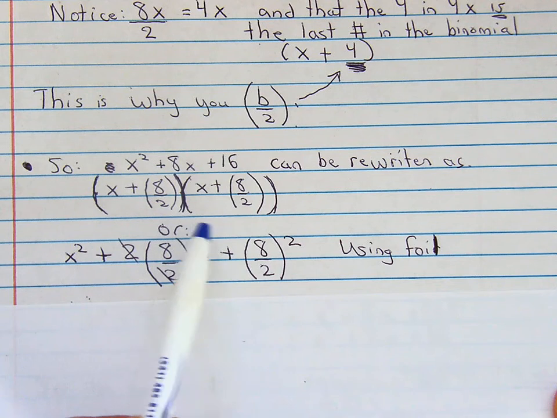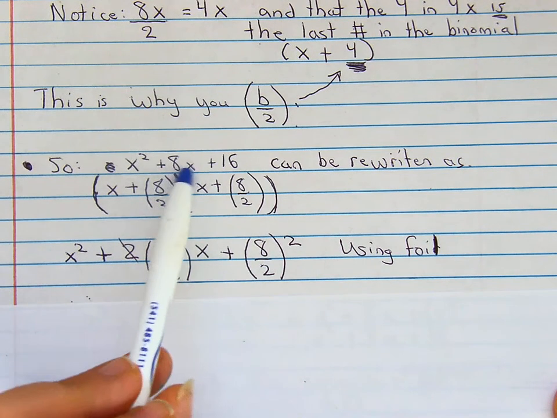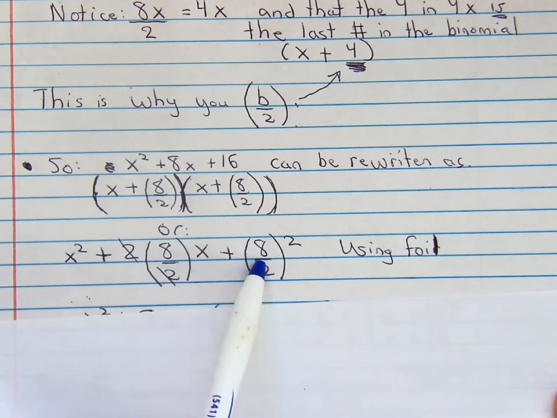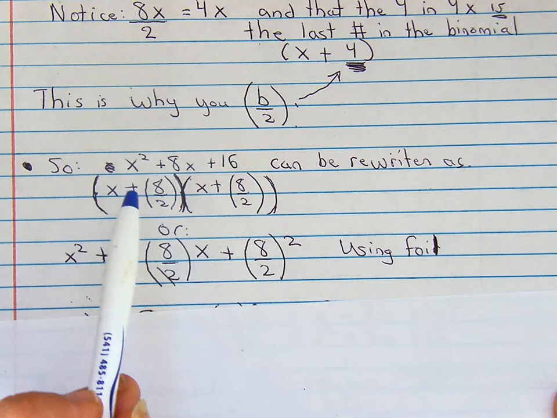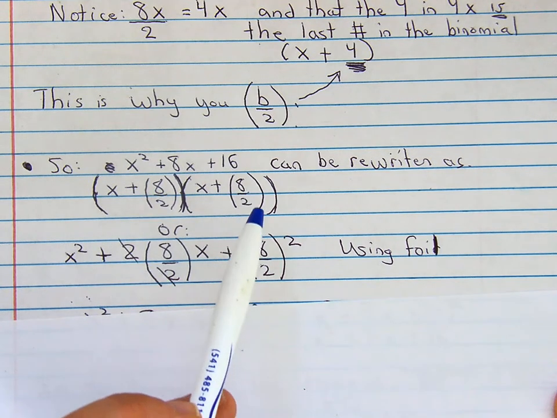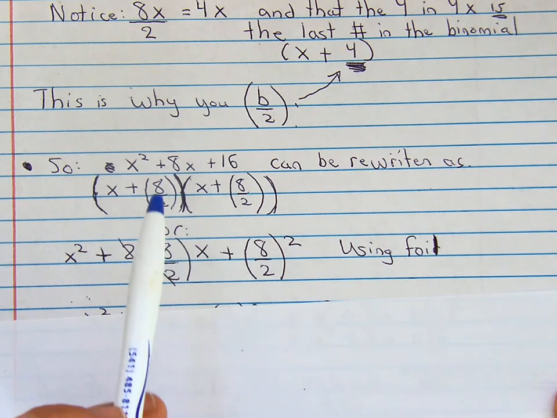And then here's the other significant part. When we go to do our last, it would be that number divided by 2 squared, because it's 8 divided by 2 times 8 divided by 2. It's multiplied to itself, which is the same thing as squaring it.